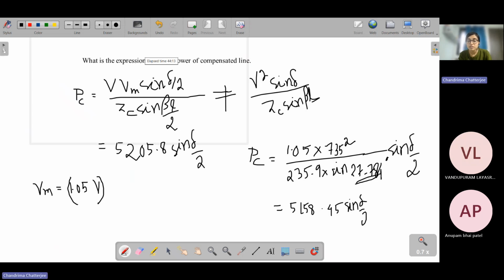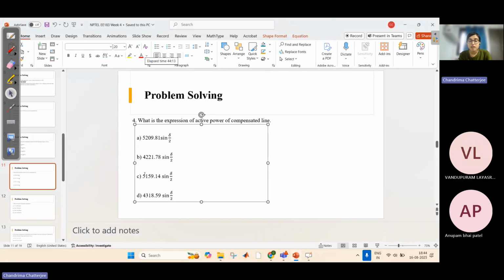Whenever you are calculating beta L, take at least three points after the decimal. Otherwise, the answers will not be correct. Okay, ma'am. So option C is the correct option. But you were getting 5207, so you will find this one is closer than this one, right?